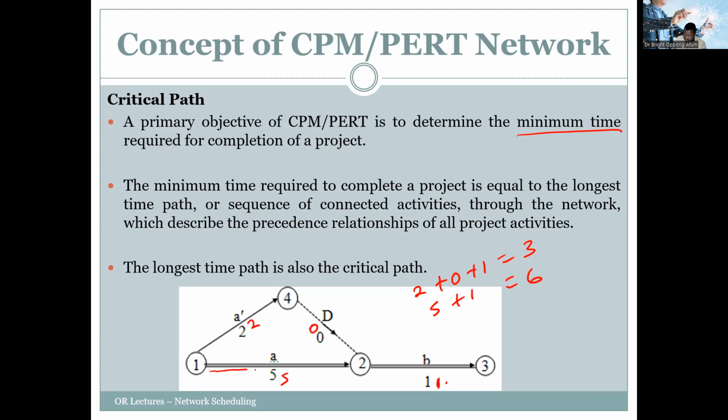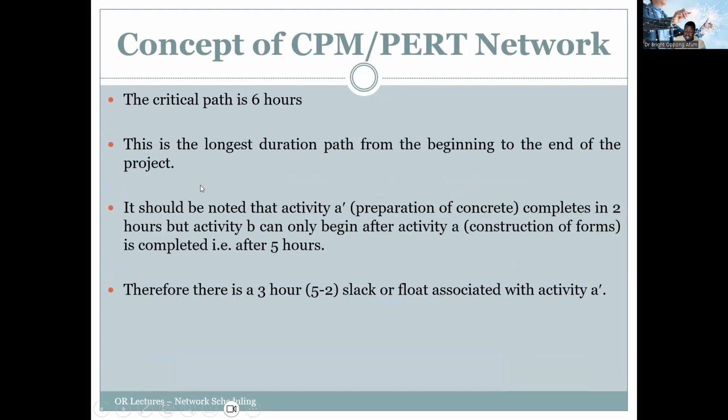So this is our critical path. Usually, if you identify the critical path, you draw another line along the activity or the arrowed line to indicate that it is a critical path in the problem. So the critical path for that example is 6 hours.